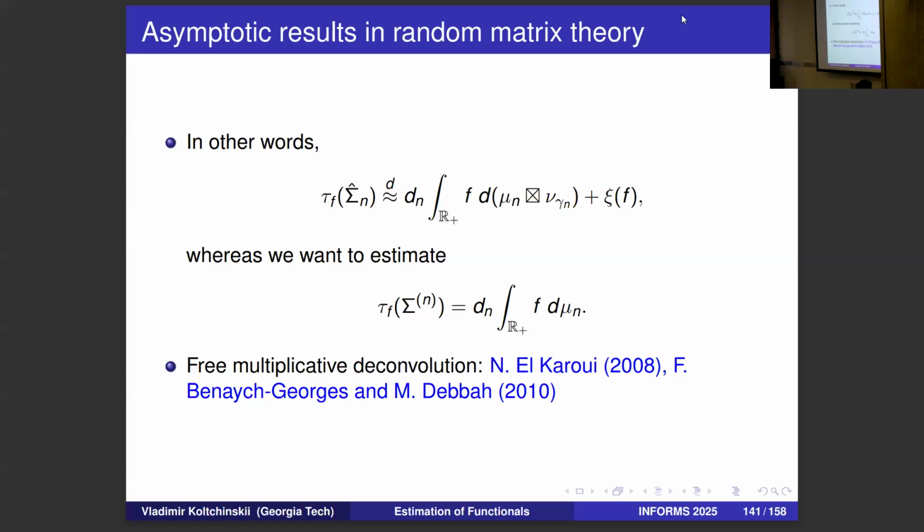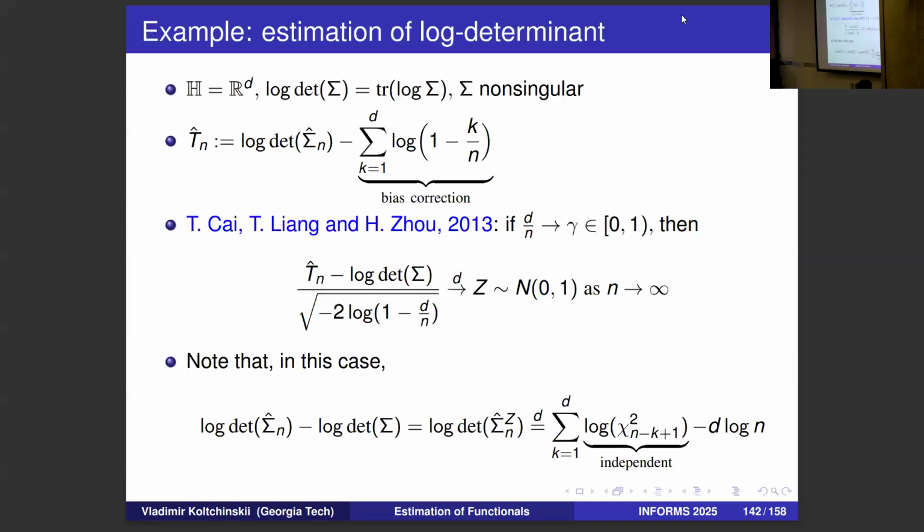Now, on the other hand, there are many simple examples of this problem. One of the examples is what is called the log determinant, which is at the same time the trace of the logarithm of sigma. In this case, you can easily figure out that there is a simple bias correction that can be explicitly computed, and it allows you to get the rate of convergence to the normal very easily.